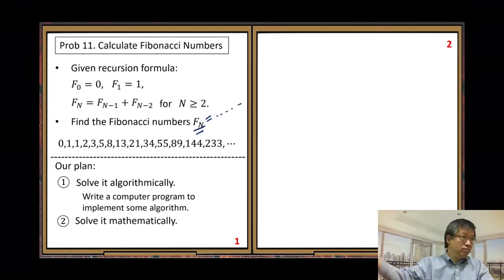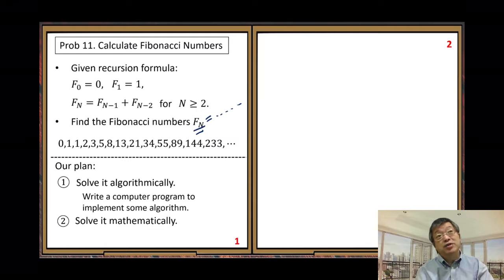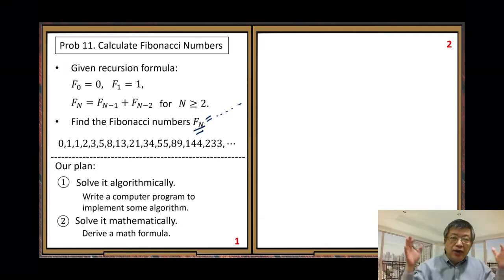Then we just do straightforward calculation, and we can find the answer quickly. Because if we use a math formula, probably we can get a faster calculation. So that's the second approach. But the key of the second approach is you need to derive a math formula. That is pretty hard. All right, so let us take these two approaches.